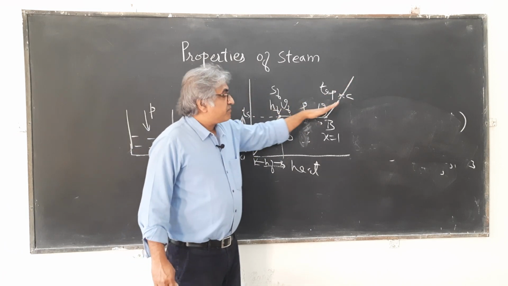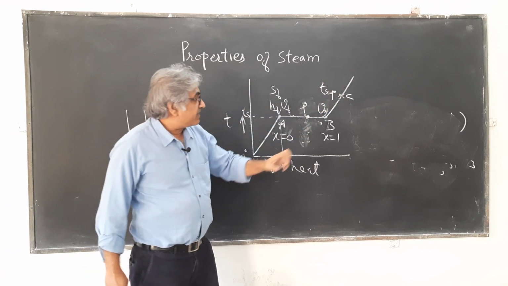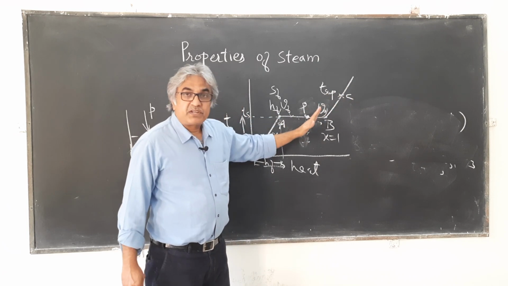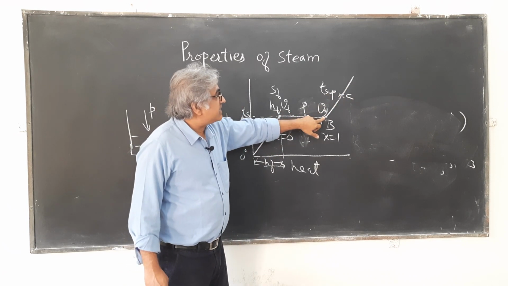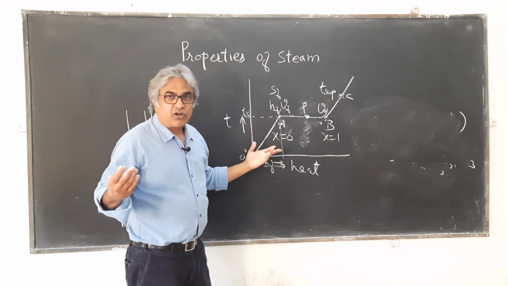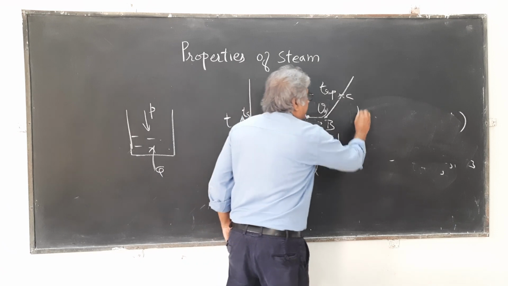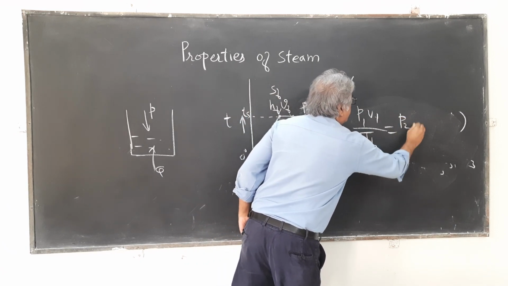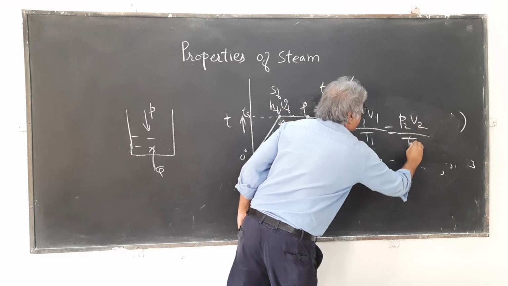This entire process is carried out at constant pressure, so it is constant pressure heating. Temperature here is Ts, here it is T superheated. The general law is P1 V1 upon T1 equals P2 V2 upon T2.